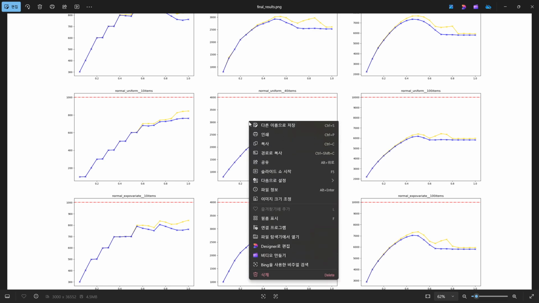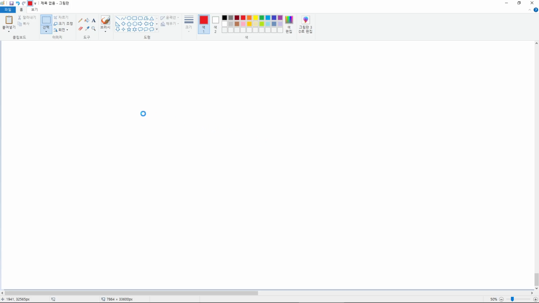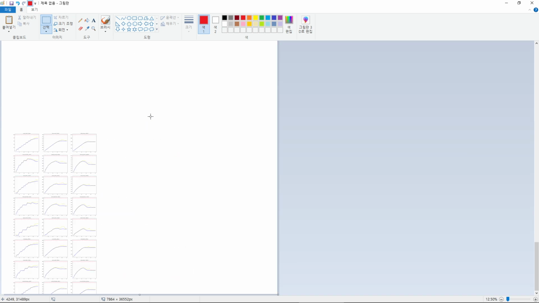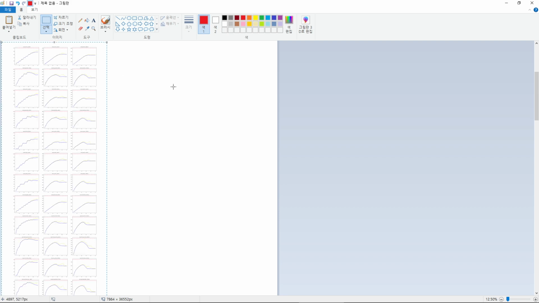I wanted to use Paint, so I'll be using Paint. Wait for it to load. It is a big picture. I don't know why it's doing that. Come on, I need the whole thing.